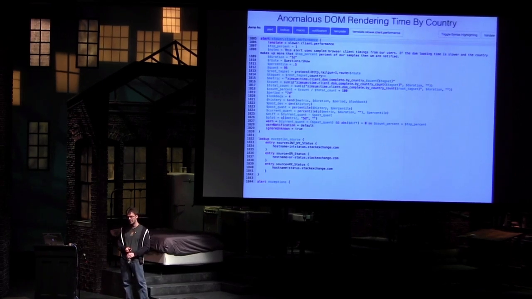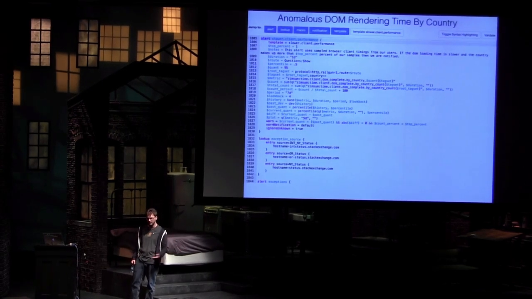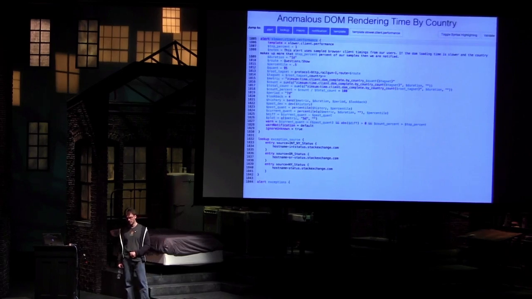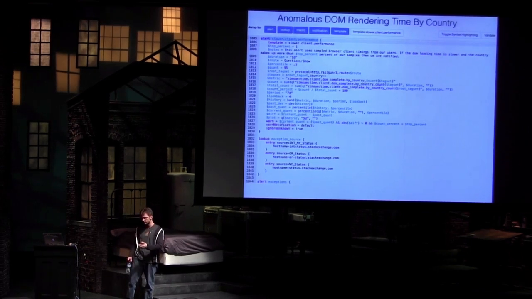So web browsers have this client timings API built in, which says, how long did the TCP connection take? How long did DNS take? How long did SSL take? How long did it take to start painting the DOM? How long to complete rendering the DOM? So you can actually start to sample what web performance is like for your users.